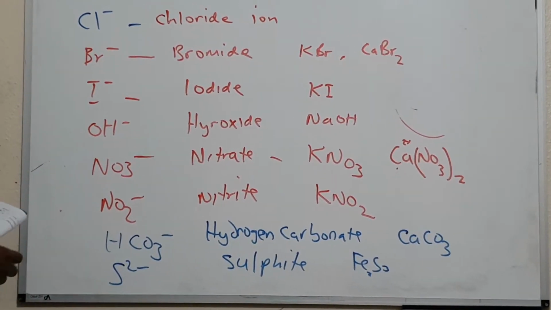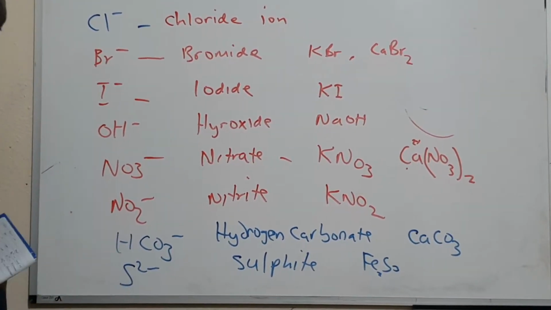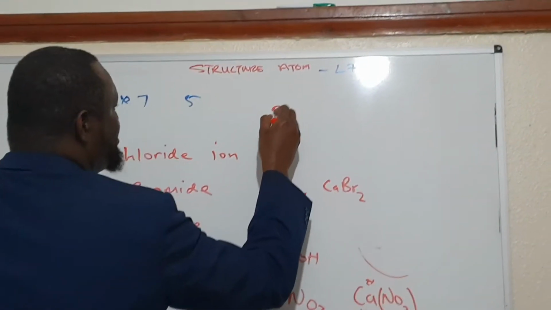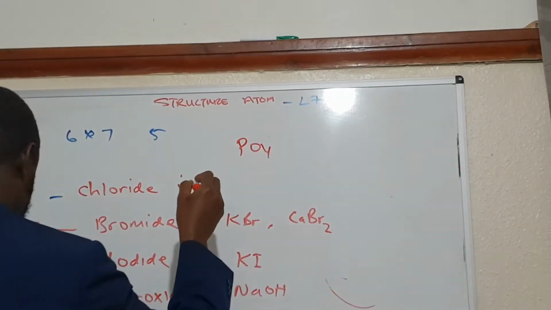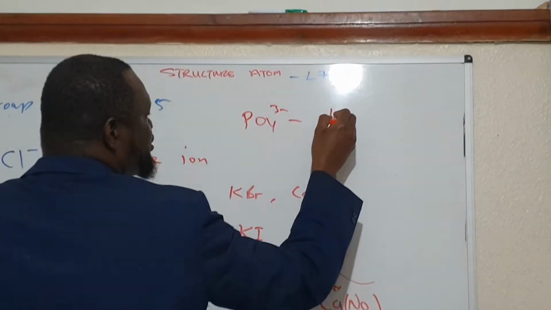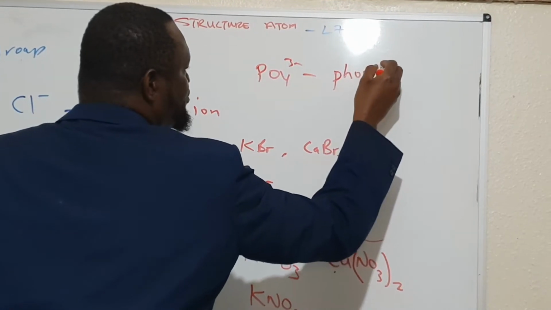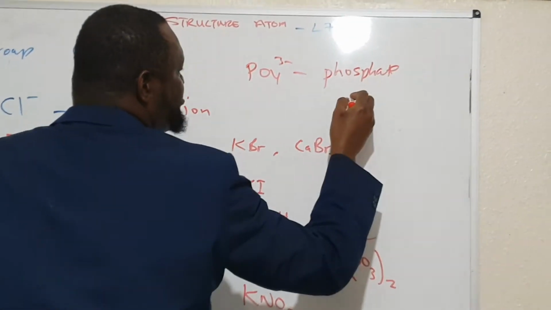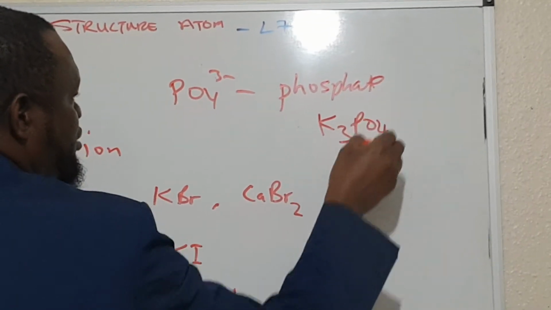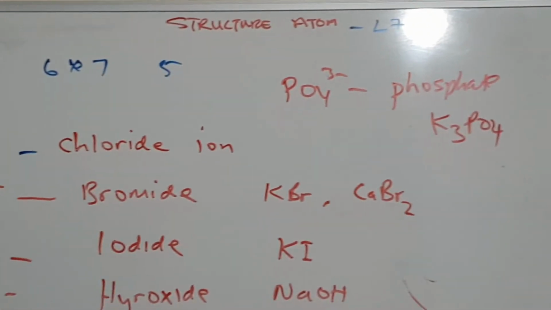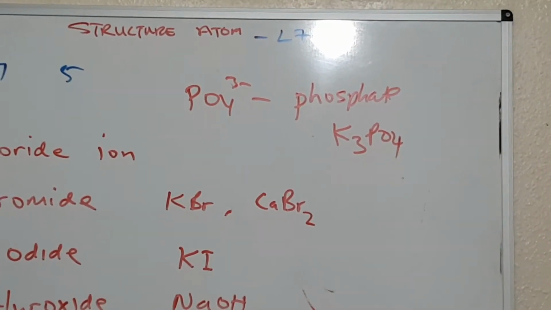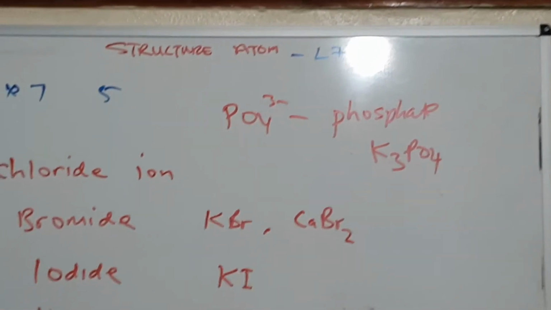There is phosphate, PO4, which is 3 minus. It's called phosphate. An example is potassium phosphate. Potassium phosphate is a fertilizer.